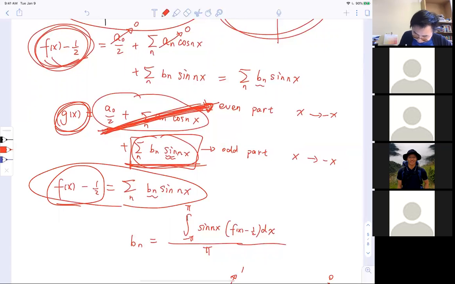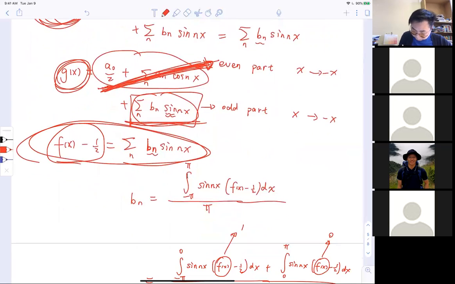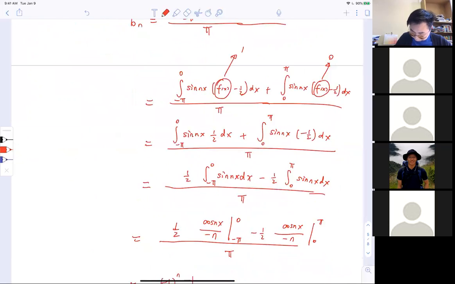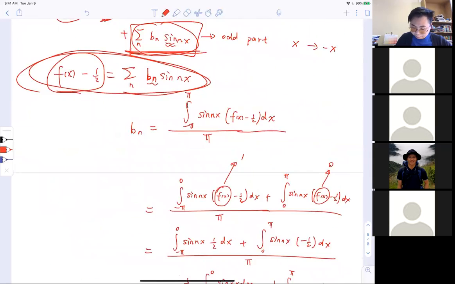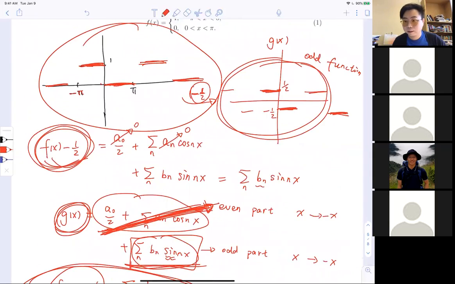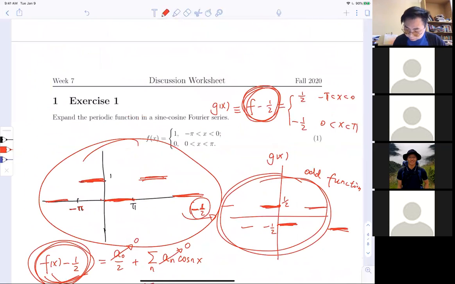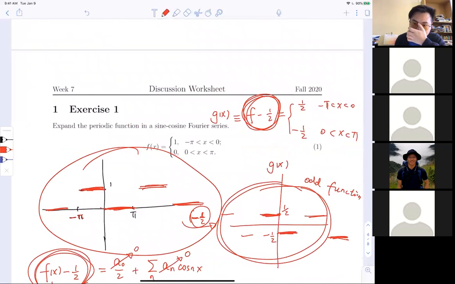Then we determine this b_n using the usual formula and do the calculation, and then pack back and we get the result. Yeah, is it clear? Yeah, that makes sense.